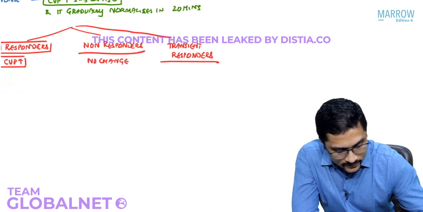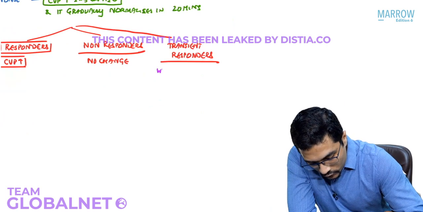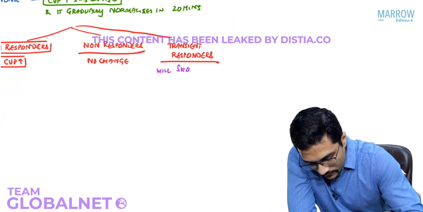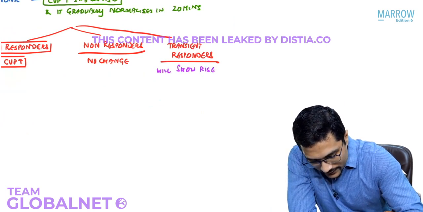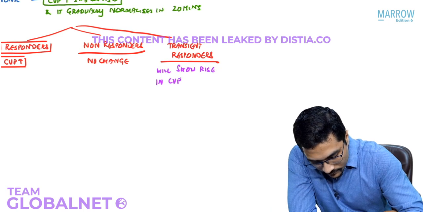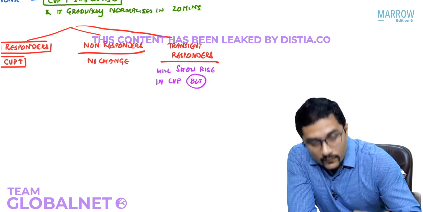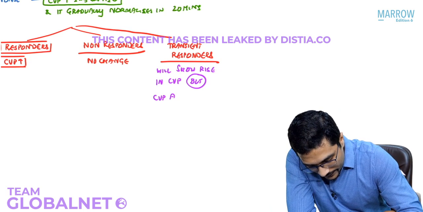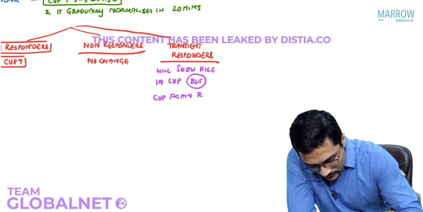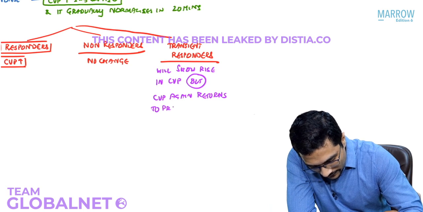Transient responders will show a rise in CVP, but CVP again returns to pre-treatment value.